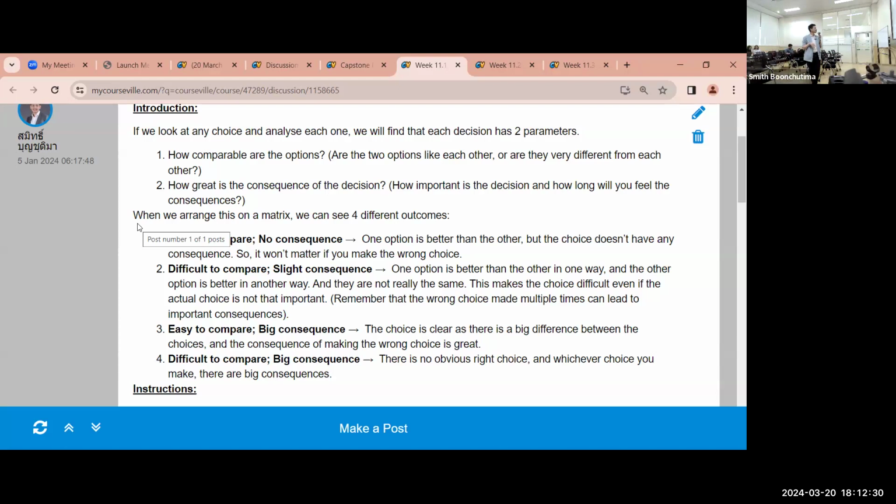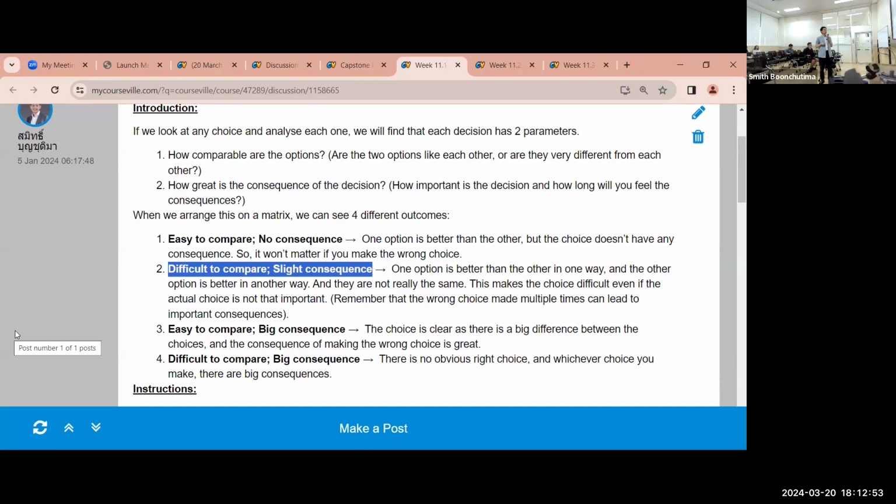Okay, good. Now let's talk about difficult to compare with slight consequence. This option is better than the other in one way, and the other option is better than the first in another way, so they are not really the same.